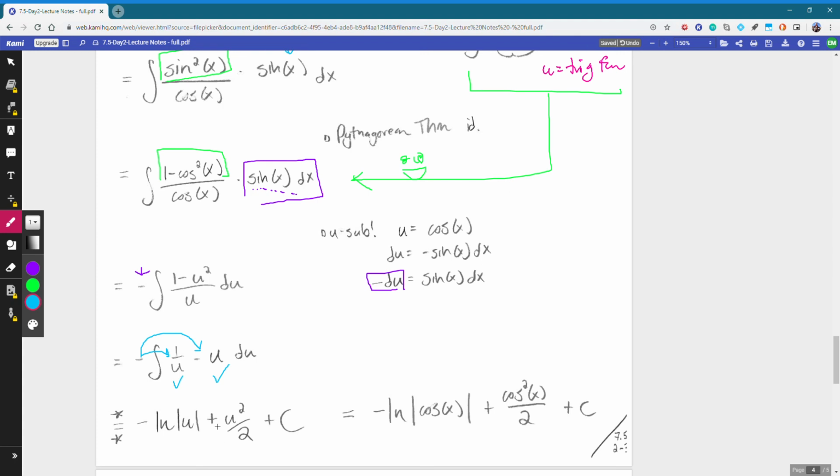And then just to finish up, we need to get what's in terms of u back in terms of x, and so we'll swap that out using our substitution with u equals cosine. And in doing that, we get our antiderivatives all in terms of x, and this is a fine form to leave them in.